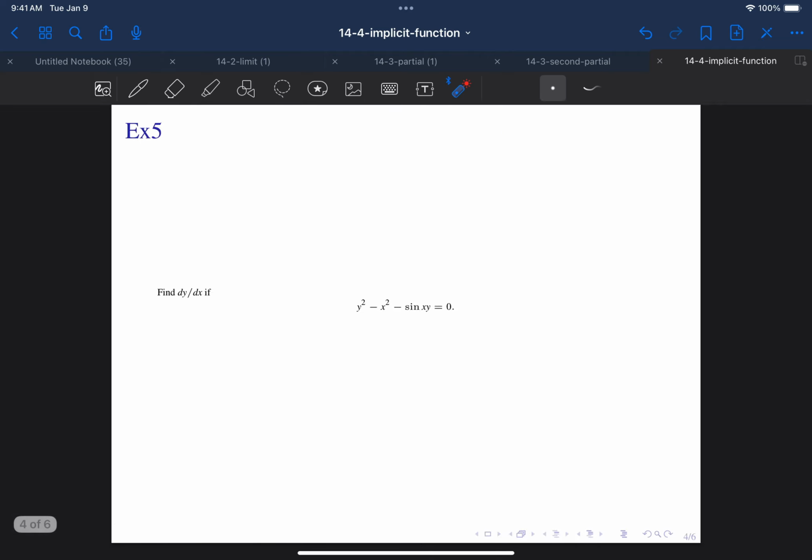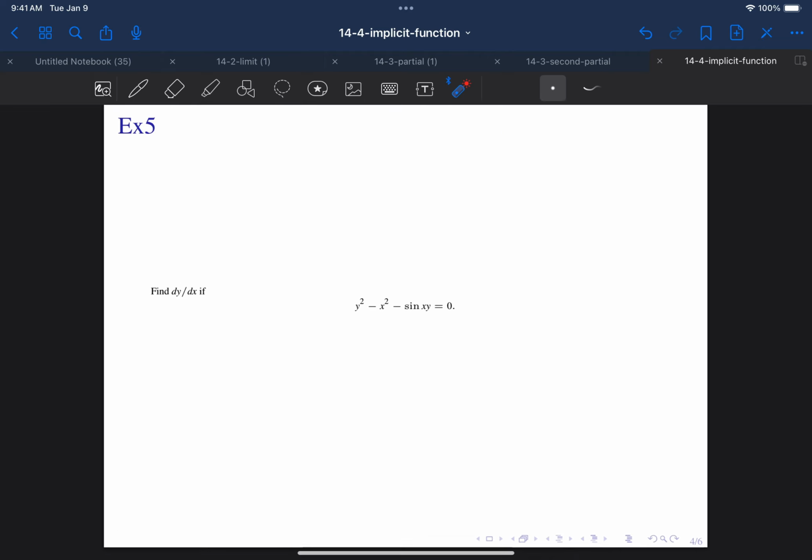All right, so we are going to look at this question, example 5. y squared minus x squared minus sine xy equals 0. This is an implicit function, not an explicit function, because you are not able to write it into y equals f of x. So you cannot isolate y entirely, or you cannot solve for y from the left hand side. So y and x are mixed together.